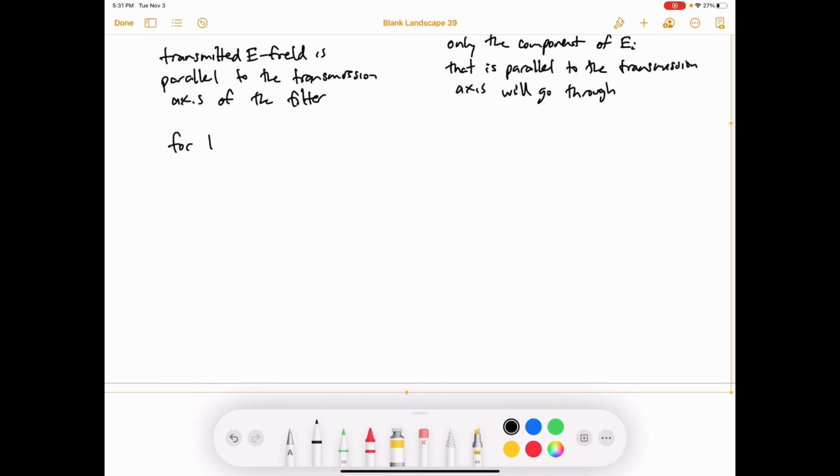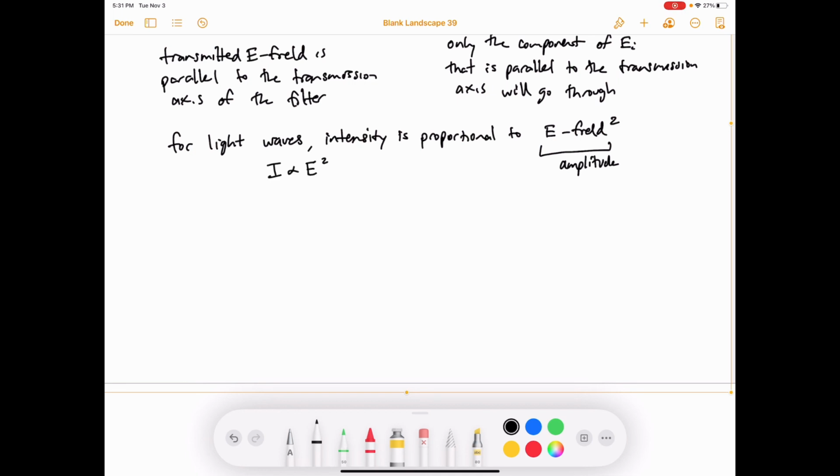Now, when it comes to light waves, the intensity is proportional to the E field squared. So when it comes to a light wave, the E field is like our amplitude, because the intensity of a wave goes as amplitude squared. The E field stands in for our amplitude in this case. So I is proportional to E squared.